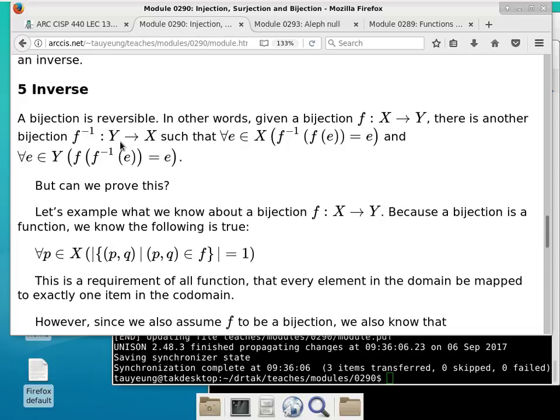So I will just use x and y in this case and not use domain and codomain. For each element of x, this has to be true because that's the property of an inverse function. Is that okay? And also, because they're inverses of each other, this is true too. For each element in y, this has to be true as well.